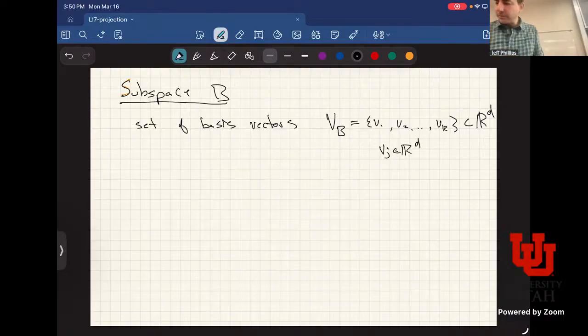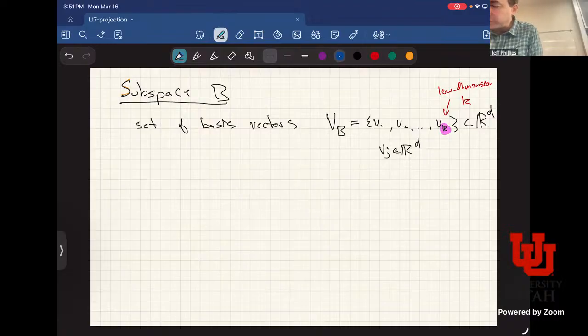And this value k here will be the low dimension that we're going to project down to. To do that, I need k of these basis vectors.